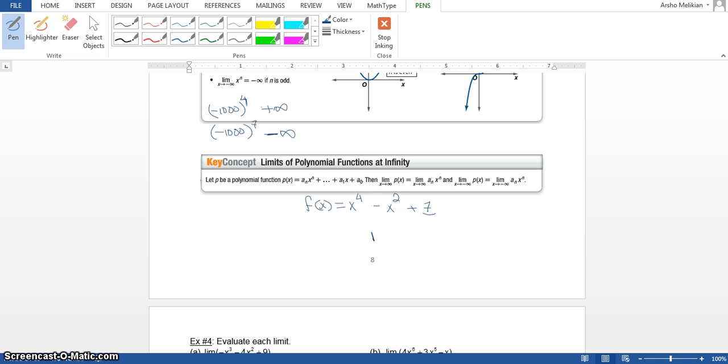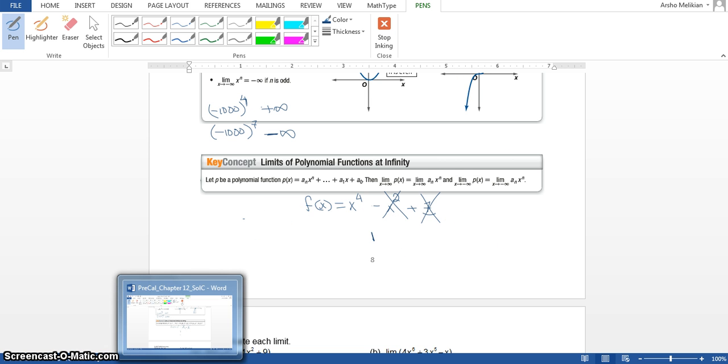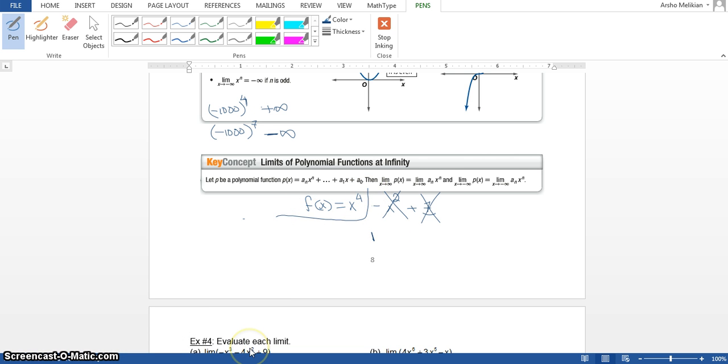They become so powerful that they can completely knock out everybody else. Okay? So at the infinities, whether it's positive infinity or negative infinity, the only terms that matter are the ones with the highest exponents. Everything else is what we call negligible, meaning it's barely there. It doesn't make a difference. Okay?